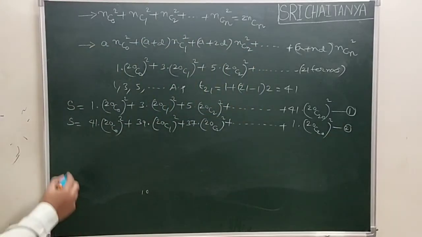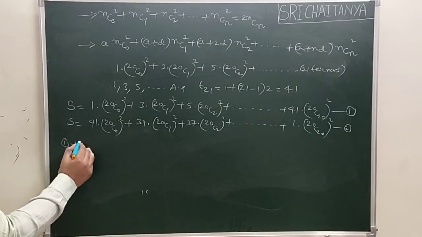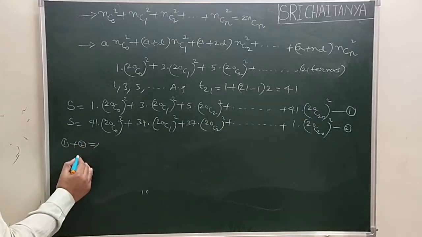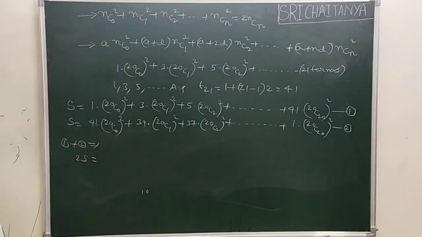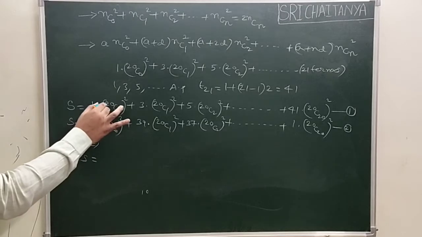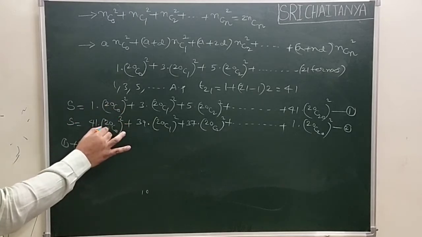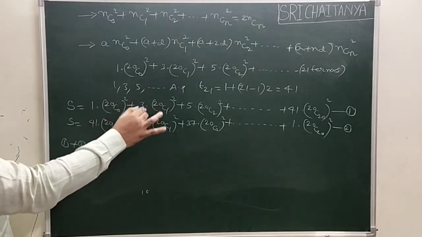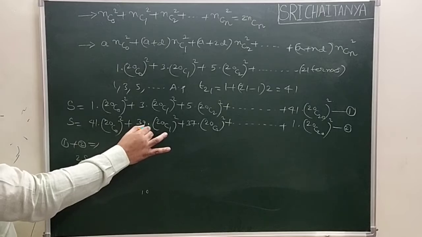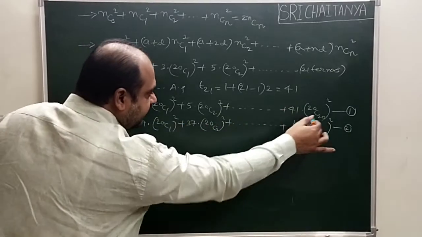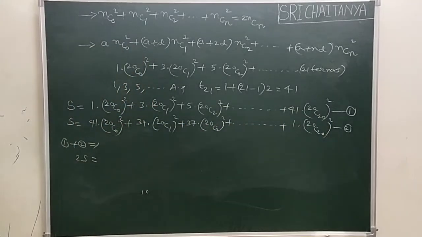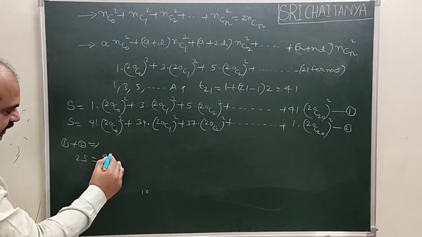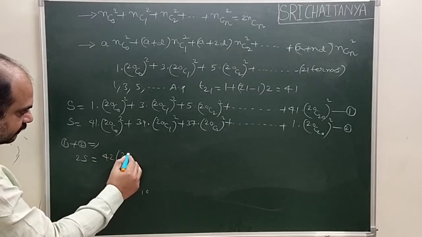Right? So now add 1 plus 2. 2S equals: this plus this is 42 into 20c0 square, this plus this is 42 into 20c1 square, and so on, 42 into 20c20 whole square. That means take 42 common.